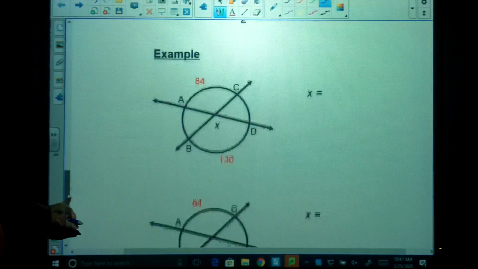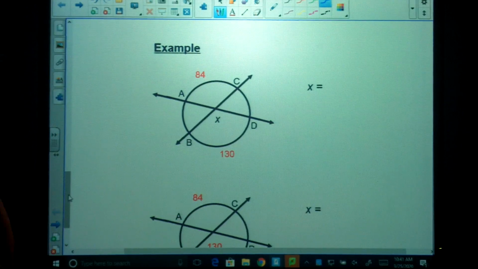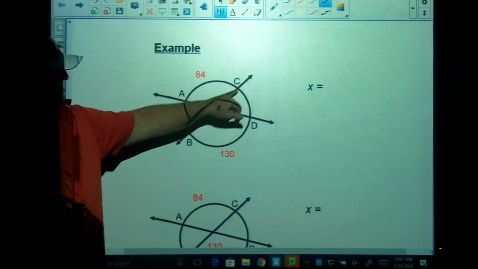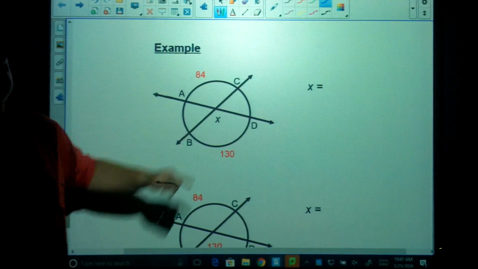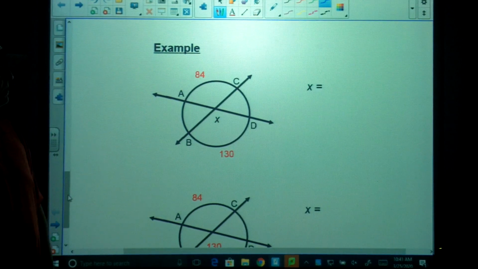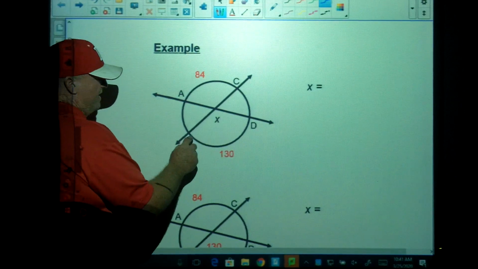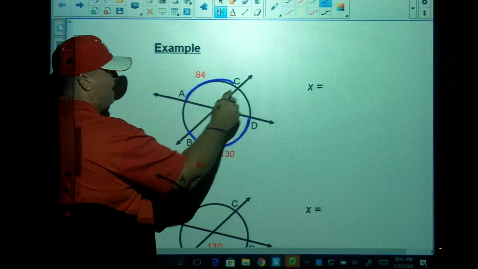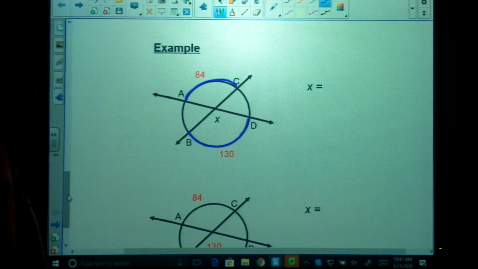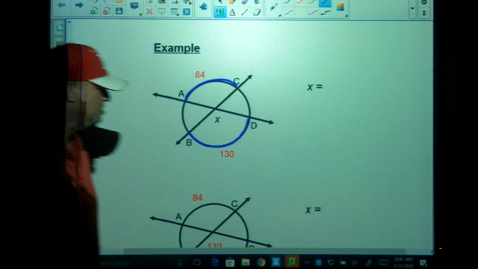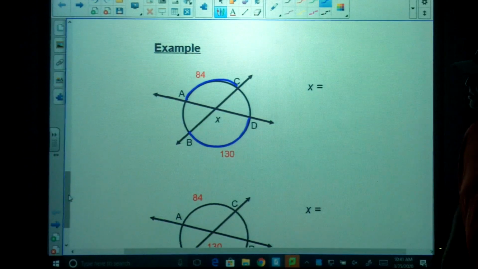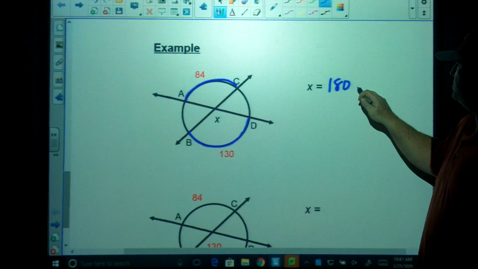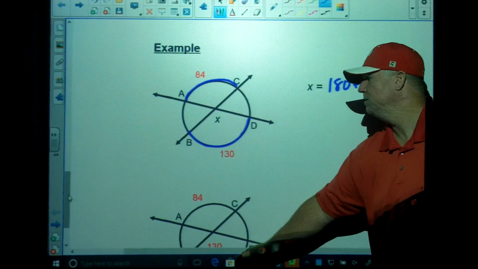So if I want to find out x right here, I have 2 secants that are intersecting inside of the circle. To find x, I have to find this measured arc and that measured arc, which they give us, so it makes it easy. You're going to take these 2 measured arcs and add them together.